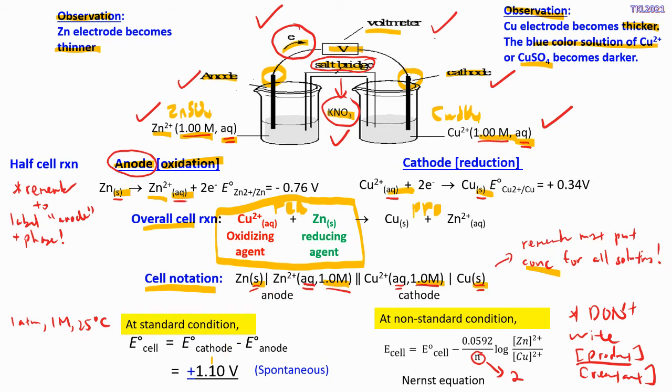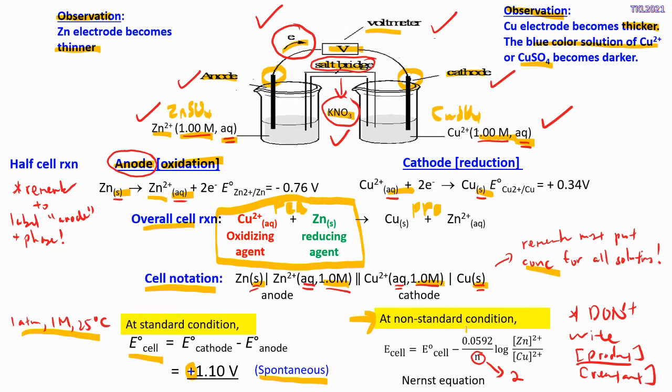Then for the calculation part, you need to determine is it at standard condition or is it at non-standard condition. If standard condition, then you must use standard cell potential. And then remember the sign positive or negative has its meaning, spontaneous or non-spontaneous.